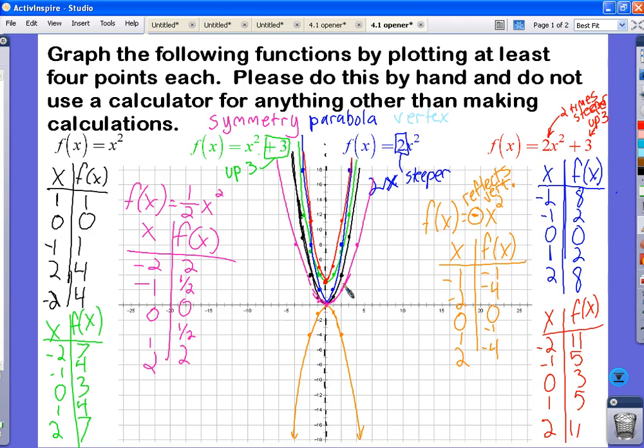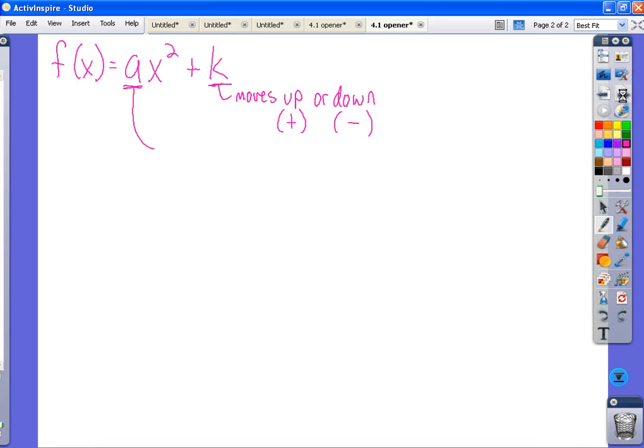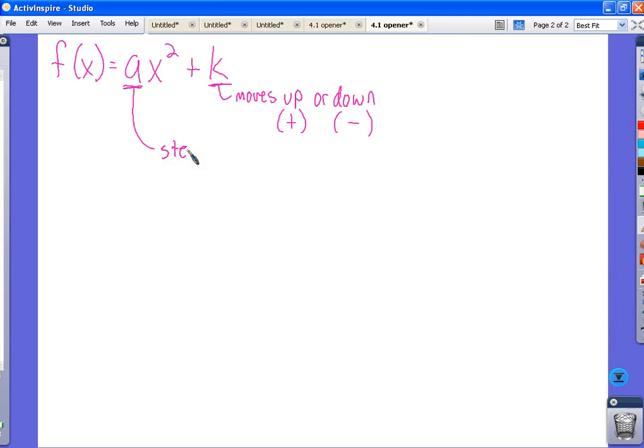We don't have to worry about it today, but there is a slope of the graph at this particular point. But yeah, that number out in front affects the slope of the graph at any point and affects the steepness, we'll say.